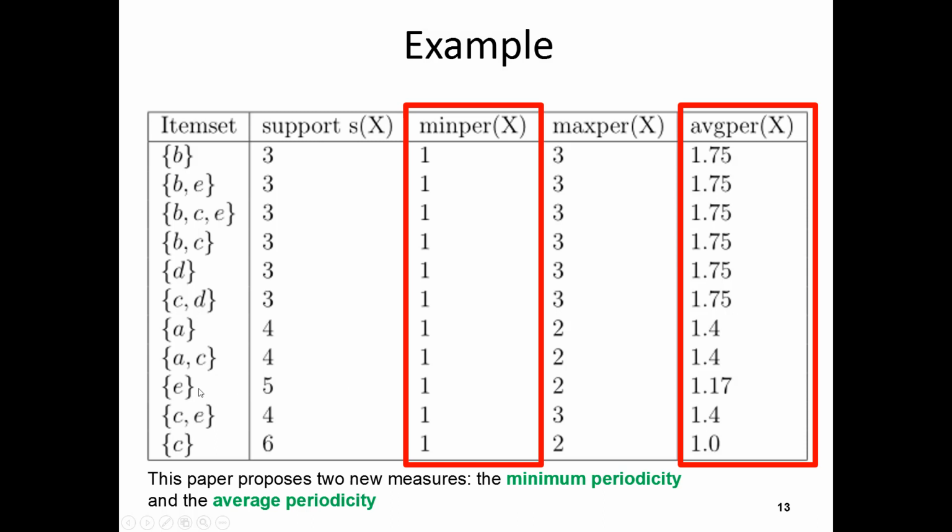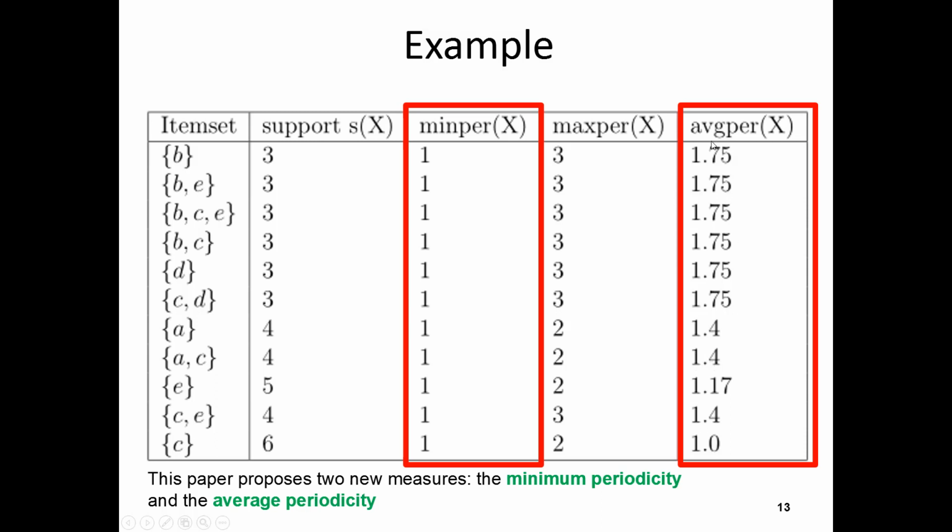We find also that item set E appears at least every 2 weeks. And then in our paper we propose 2 new measures, the minimum periodicity and the average. So the smallest amount of time between 2 occurrences of AC is 1 transaction. The maximum is 2 and on average AC appears every 1.4 transaction.